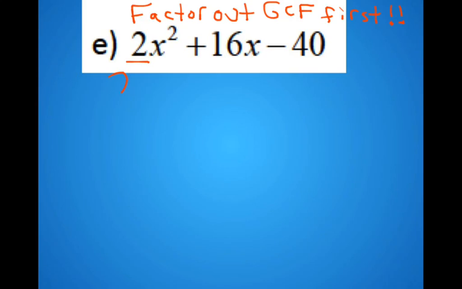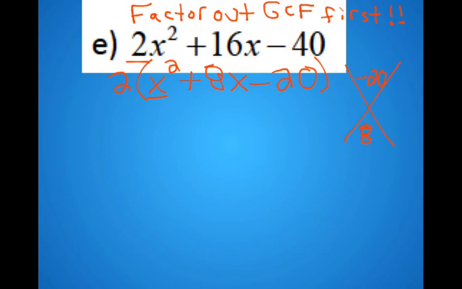So we take the 2 out, and that leaves us with x squared plus 8x minus 20. And what we've done is we've created an easier trinomial now. So now it is the type where we can just look for two numbers that multiply to be -20 and add up to be 8.